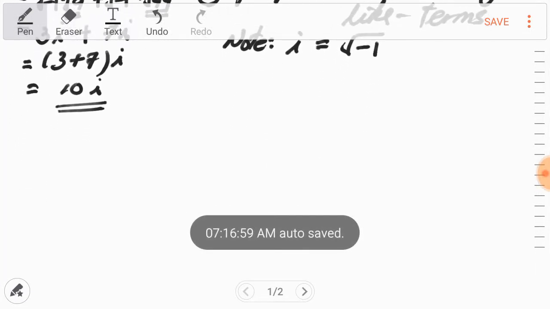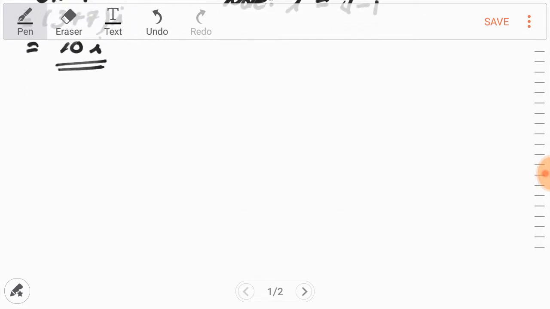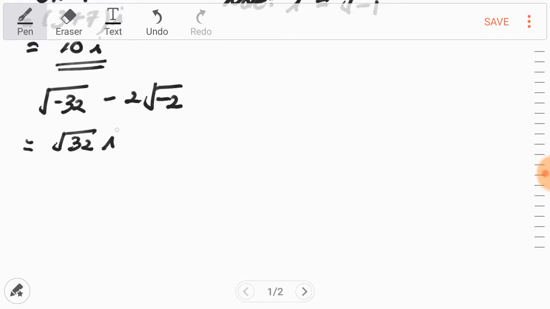Okay, next, another example: square root of negative 32 minus 2 times the square root of negative 2. First we need to write this expression in i form. The square root of negative 32 can be written as square root of 32 times i, because the square root of negative 1 becomes an i, and 32 stays inside.